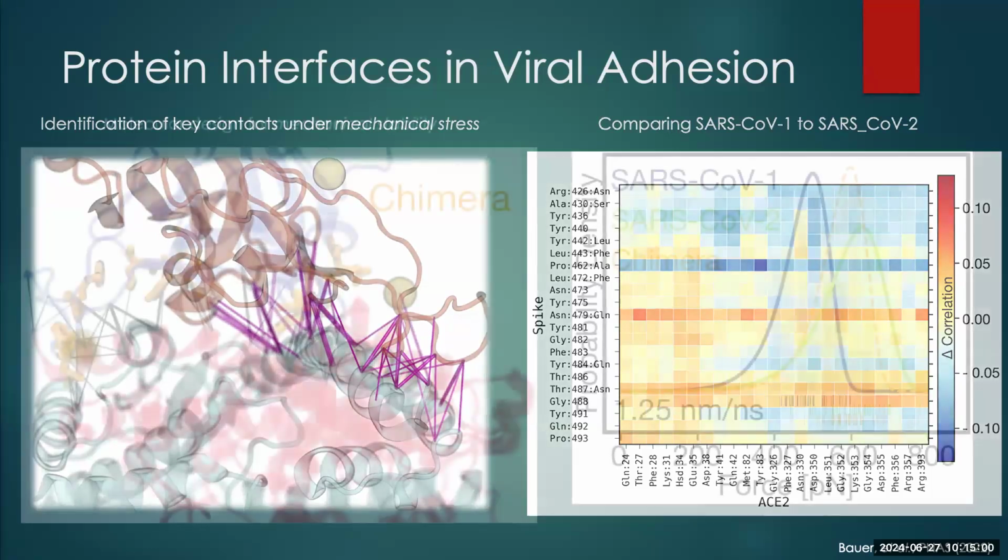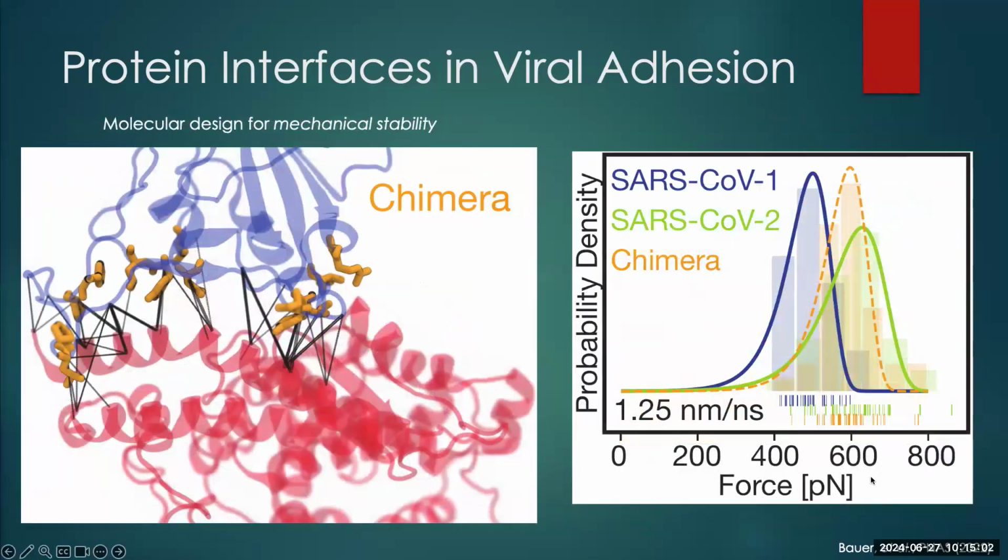And our collaborators synthesized this chimera and tested the mechanical resilience. And what happened that was really interesting was, well, you know, CoV-1 was weaker than CoV-2, but this chimera that only had the surface looking like CoV-2 actually became a lot stronger, almost as strong as SARS-CoV-2.